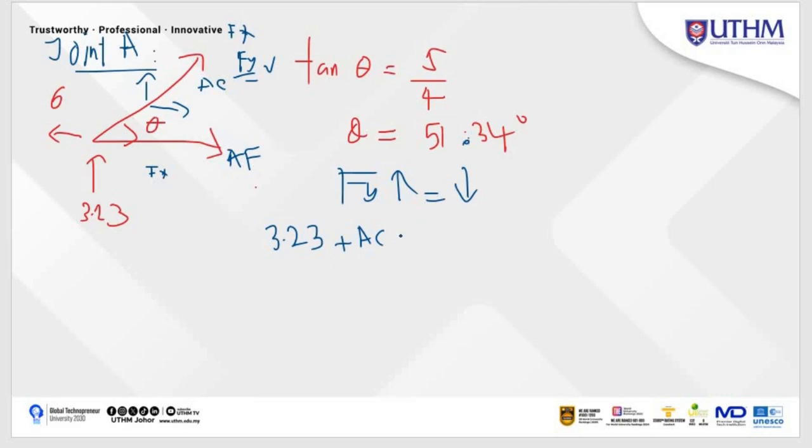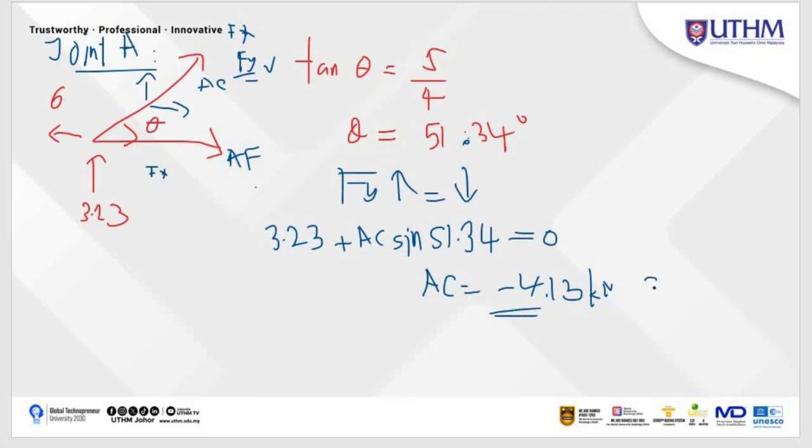This one is y, so we choose sine of 51.34. While the other Fy in the upward direction, we don't have, so this one is 0. Therefore, the member force of AC is negative 4.13 kilonewton. The negative sign means that member AC is in compression.